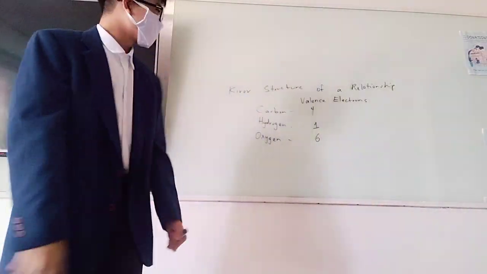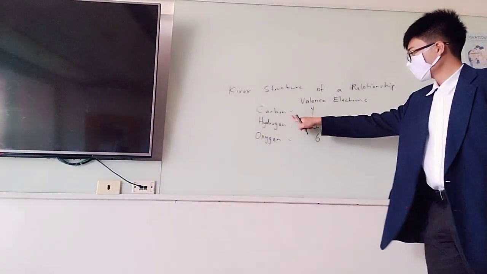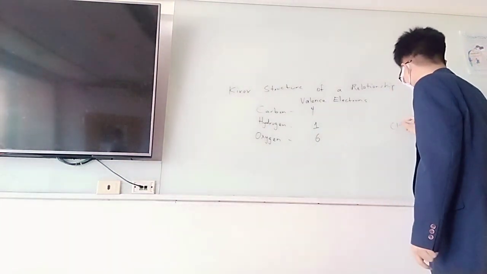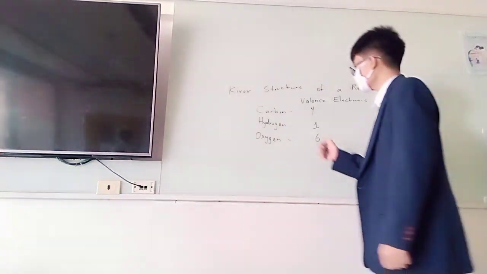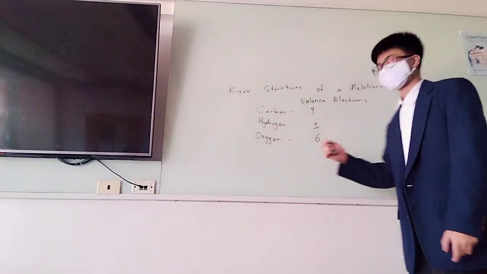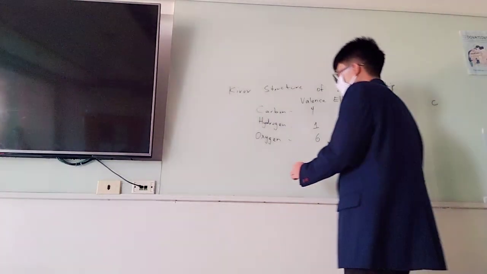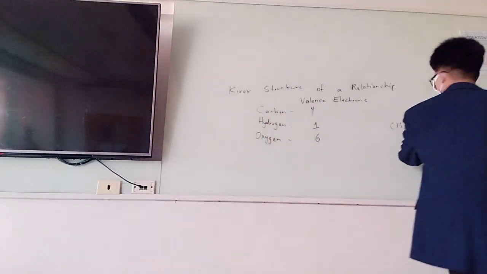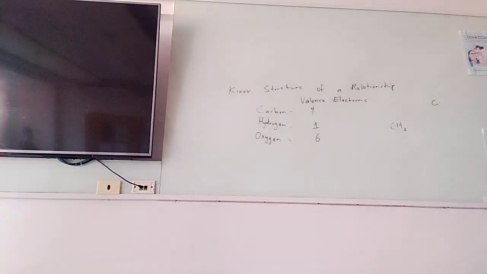So to construct the Lewis structure of a chemical compound, let's say carbon dihydrogen, CH2. Basically what we do is determine the element with the most valence electrons and put it in the center. In this case, carbon has the highest. And then we draw the valence electrons as dots around it. So 1, 2, 3, 4. And then we draw the rest of the elements.